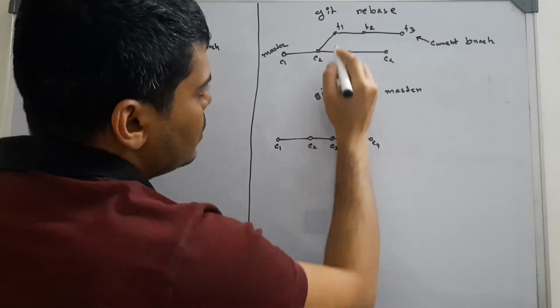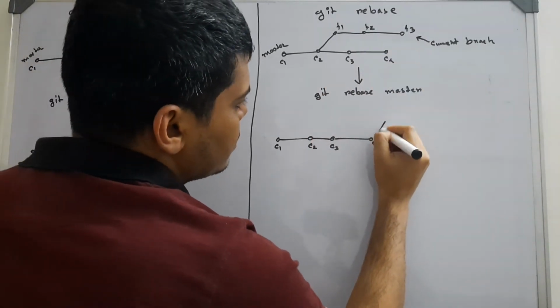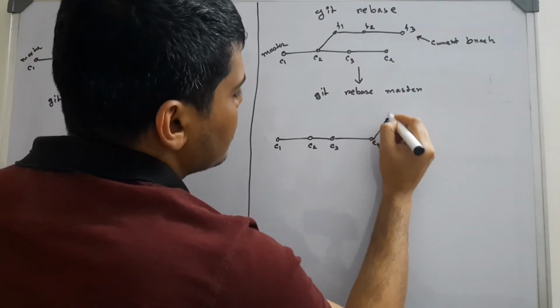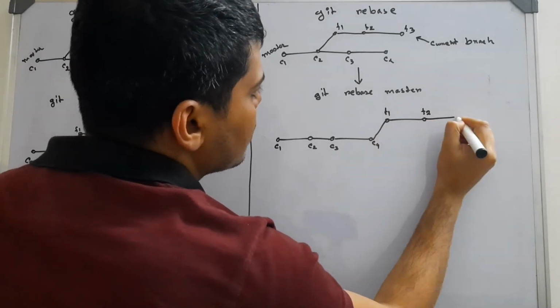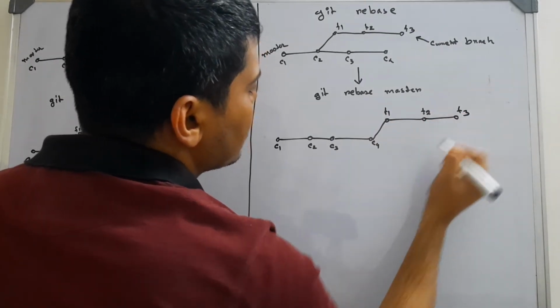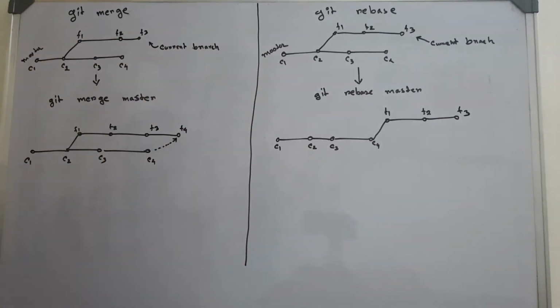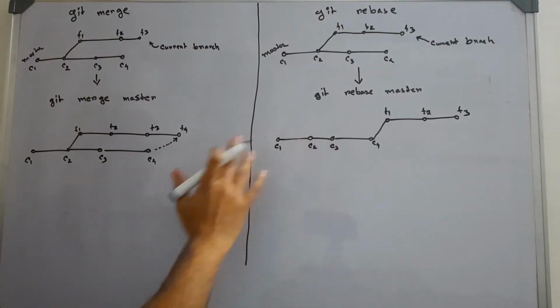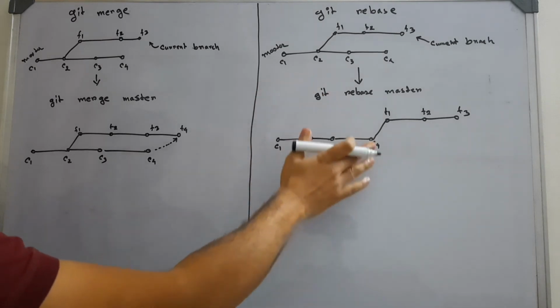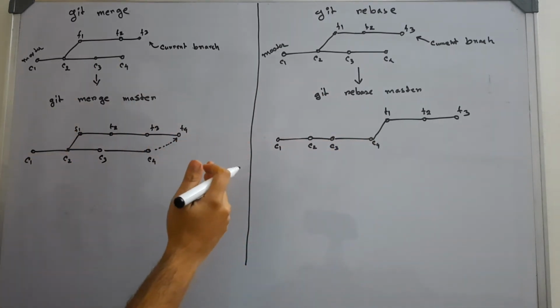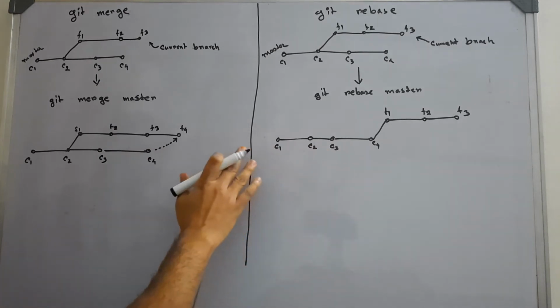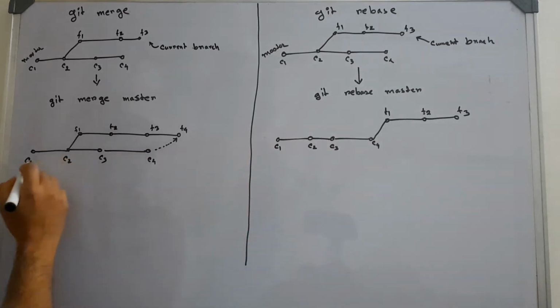Then the feature branch will be like this. There are a couple of things to consider between applying rebase and applying merge. I will come to those details.